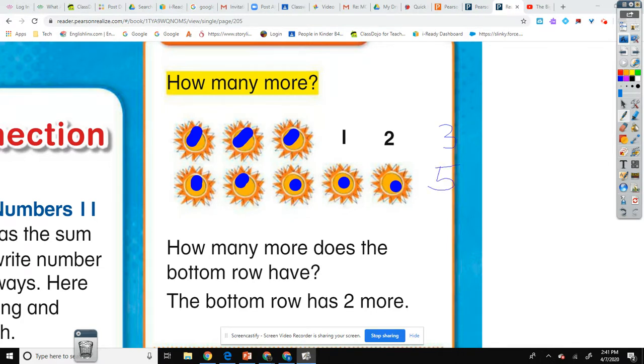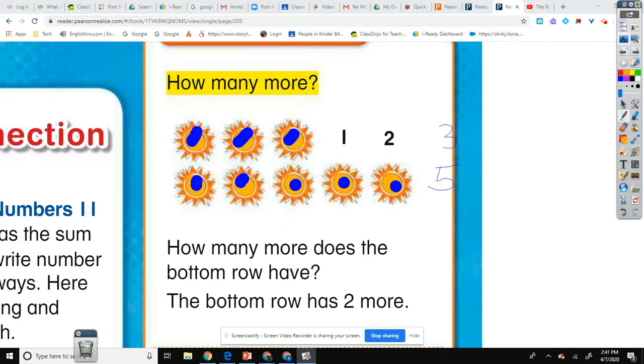So what this means is that there are 2 more, 1, 2 spaces there. That means the second row has 2 more than the first row. The second row has 5 pictures of the sun. The first row only has 3.